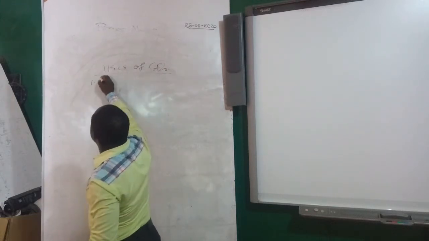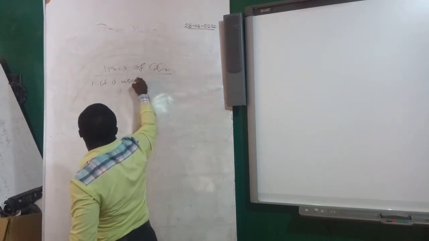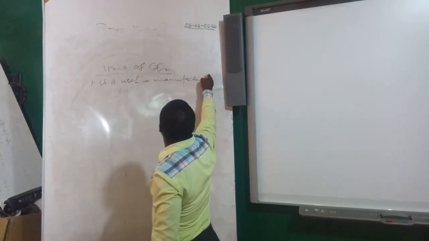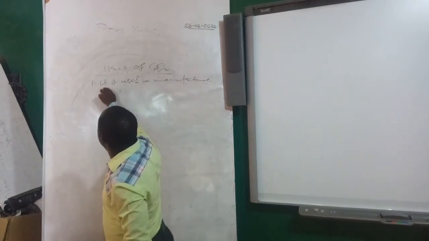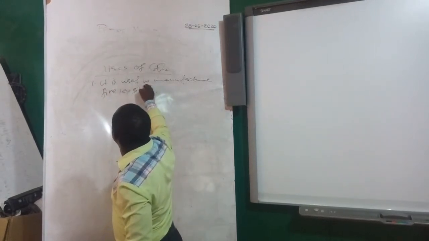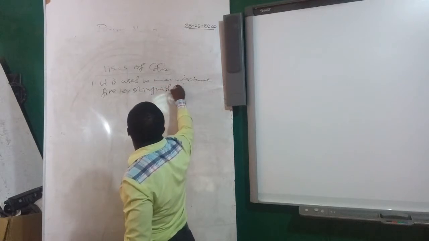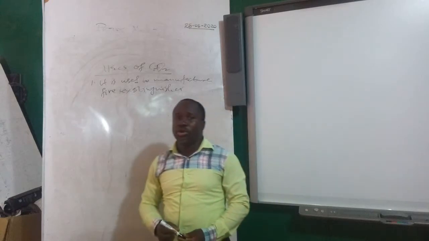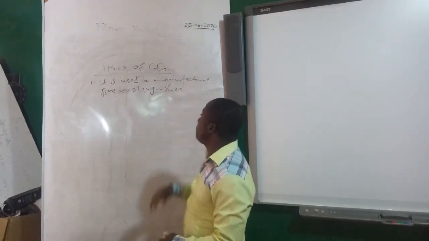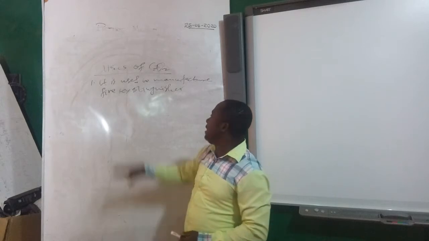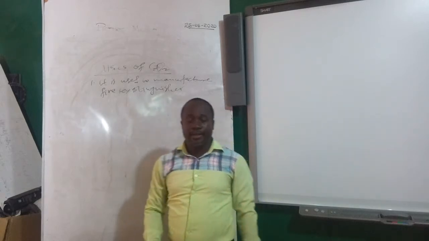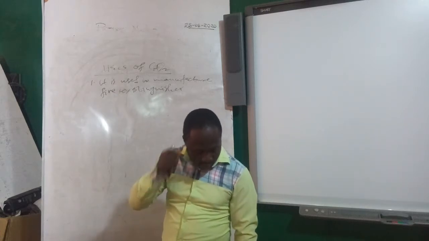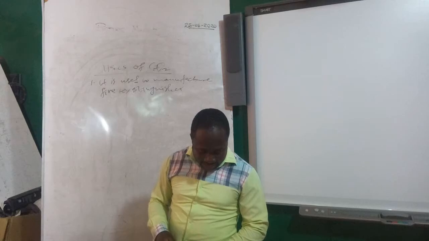Number one, it is used to manufacture fire extinguishers. So if you have a gas which does not support burning or combustion, then that gas can be used to fight fire. So carbon dioxide is used in the preparation of fire extinguishers.